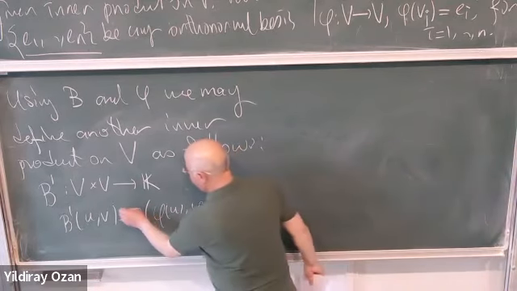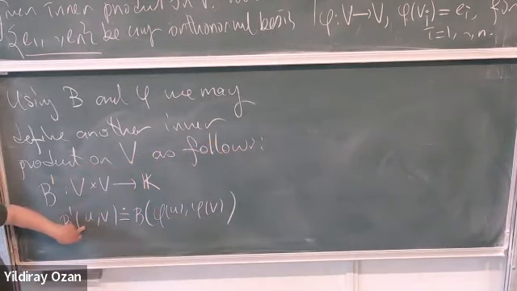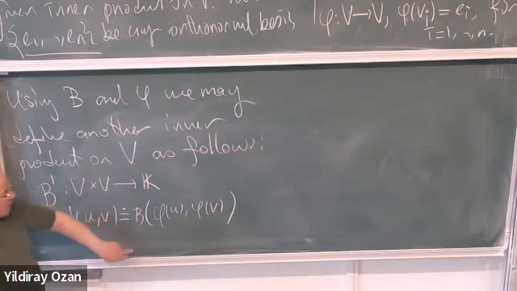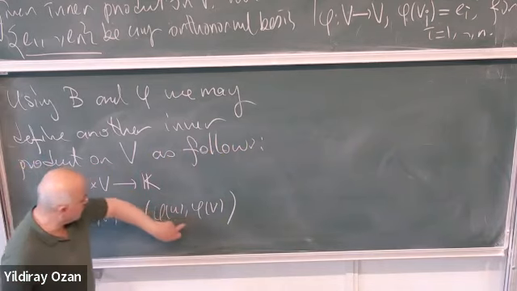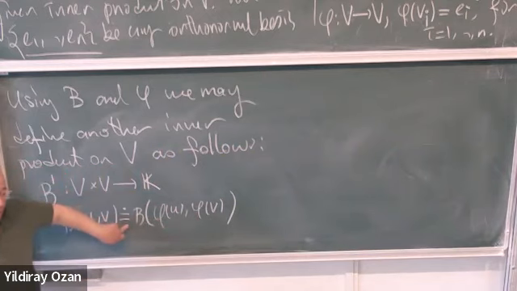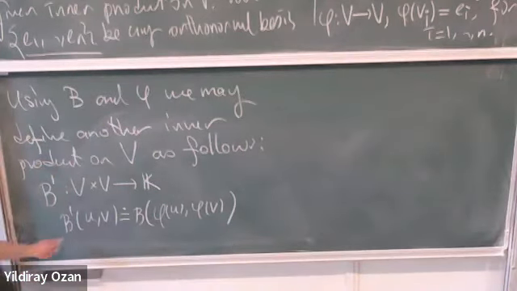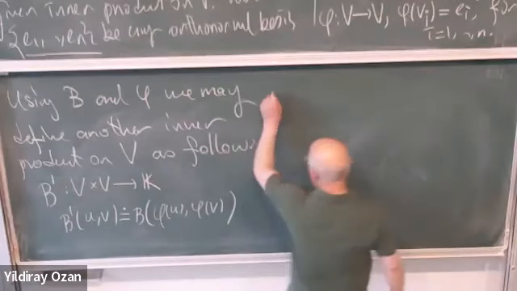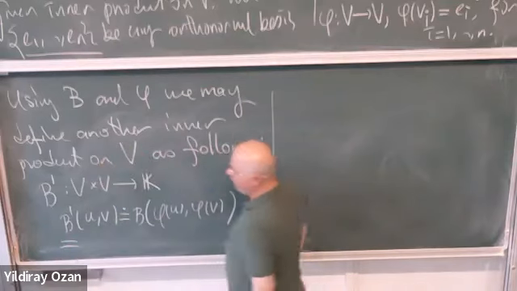So that's the definition. The new inner product of these two vectors is the following. Just apply this isomorphism to U and V, and then take the inner product of these two vectors using the old inner product B. Of course, we have to check that this is really a bilinear form.